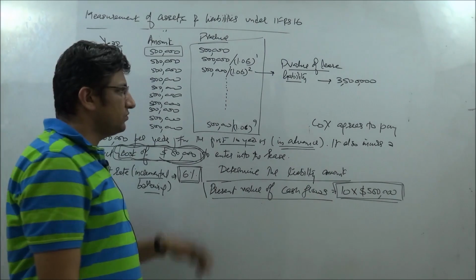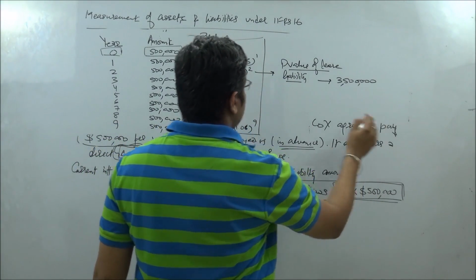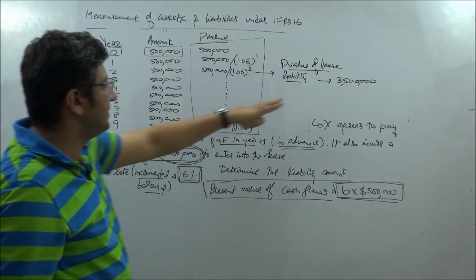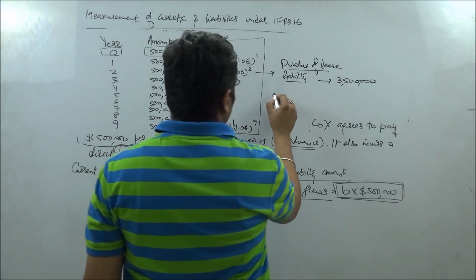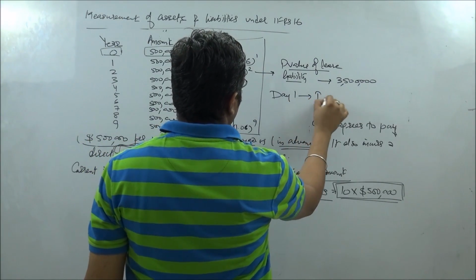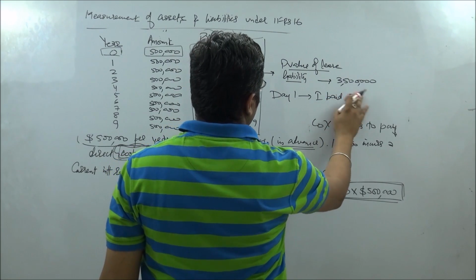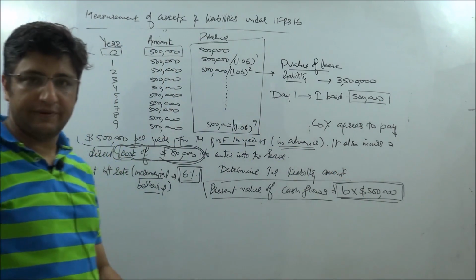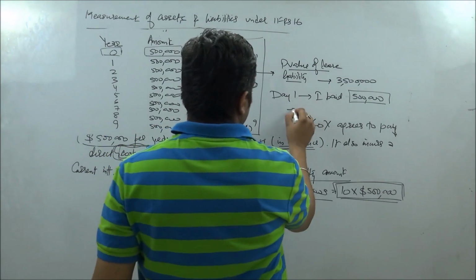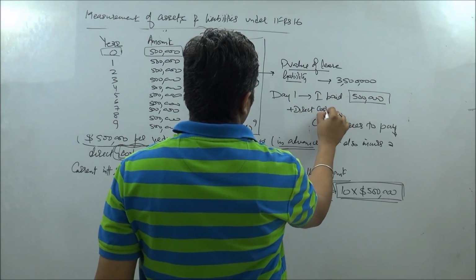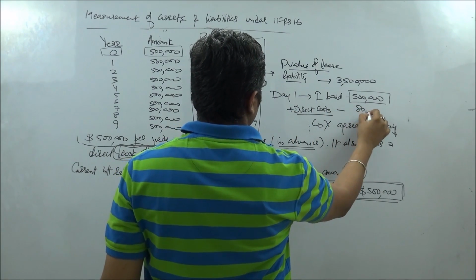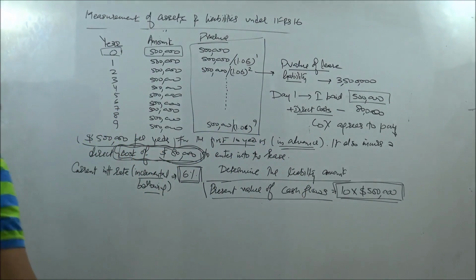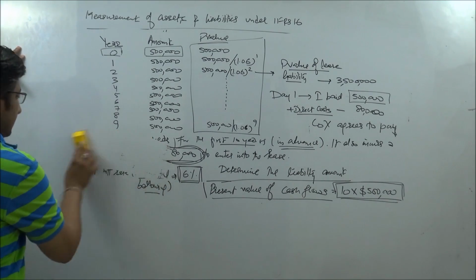I'm not too sure how much this amount is going to be, but if I say that the present value of this entire series of payments is 3.5 million, I know that on day 1 I paid $500,000 to the lessor, right? And of course there are direct costs associated with the lease of $80,000.